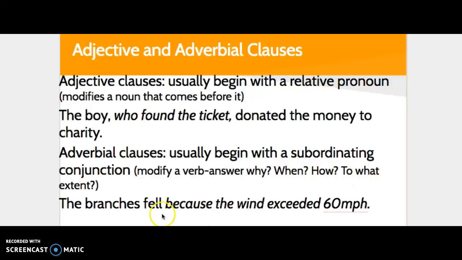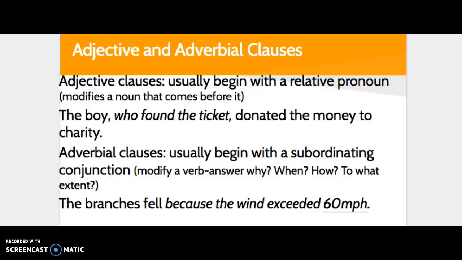In this example, because the wind exceeded 60 miles per hour is a subordinate clause, a type of dependent clause. It begins with a subordinating conjunction, and it answers the question of why the branches fell. Therefore, it is an example of an adverbial clause.